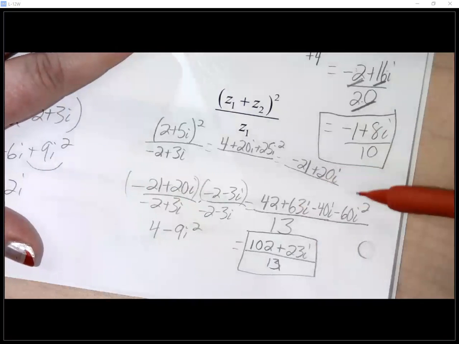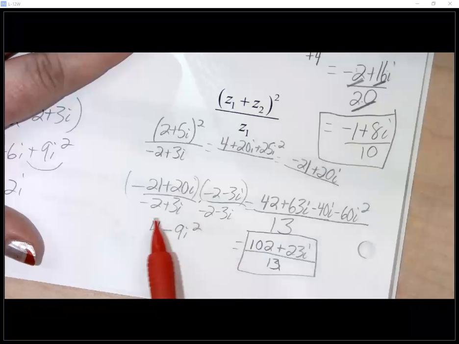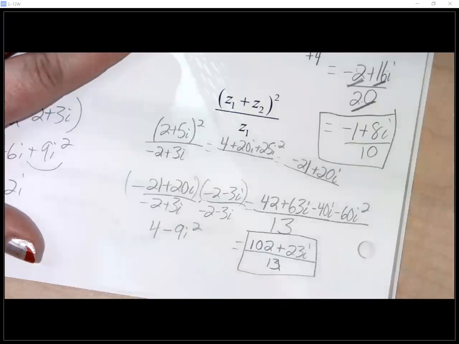Yeah. When you multiply by the conjugate, right, the outer and inner will always cancel? They always will. As long as you're multiplying by the conjugate, yes. It's not a bad idea to actually do it out, because sometimes you'll catch yourself, like if you didn't do the conjugate right.